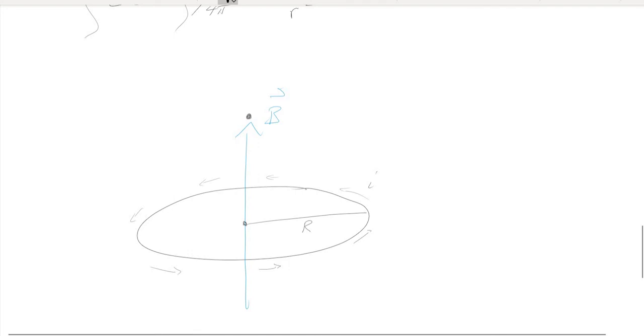And so we need an infinitesimal amount of that wire, ds. We need a vector r and an angle of theta.